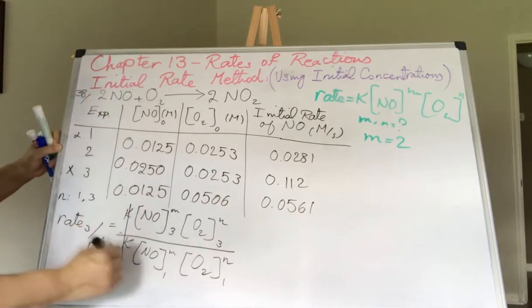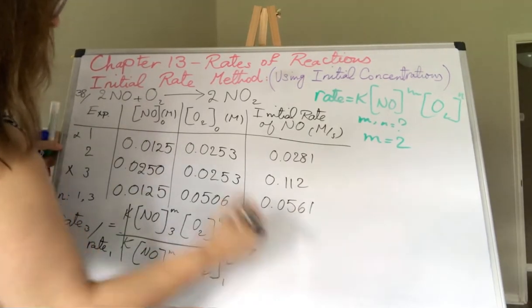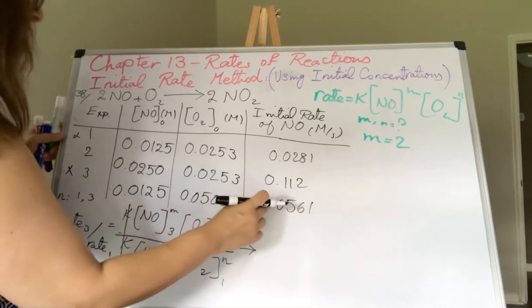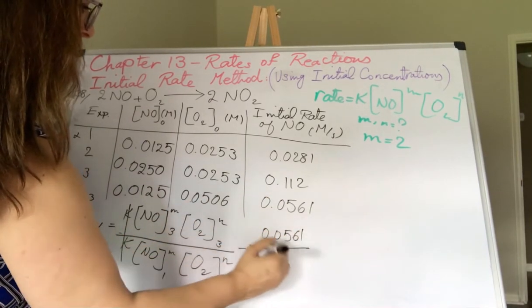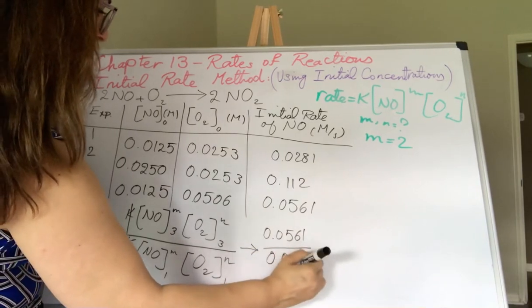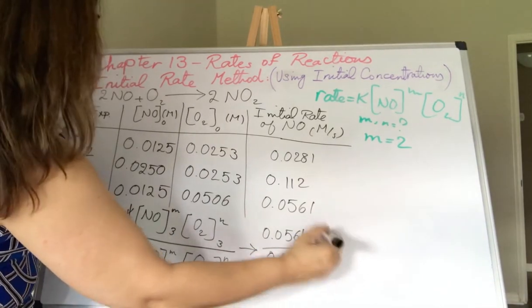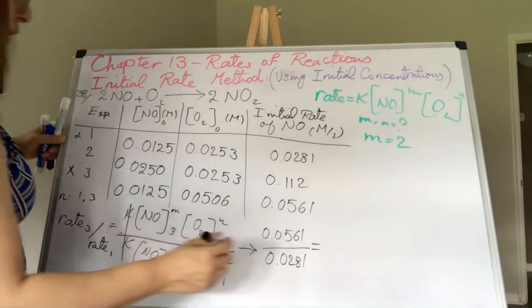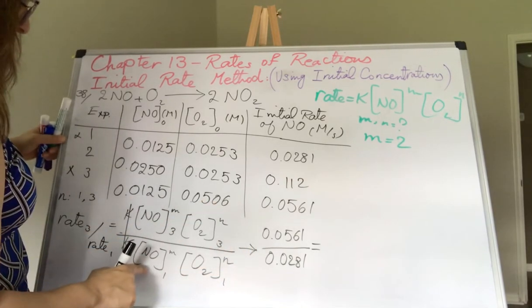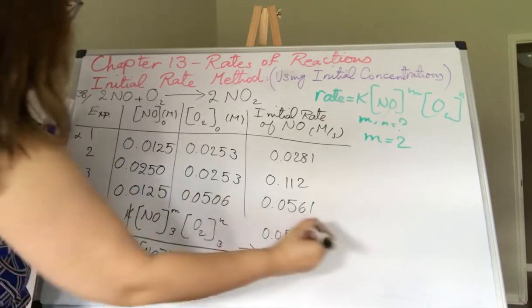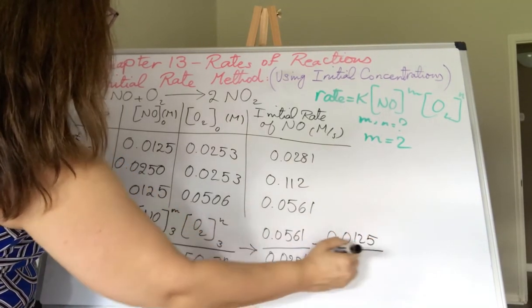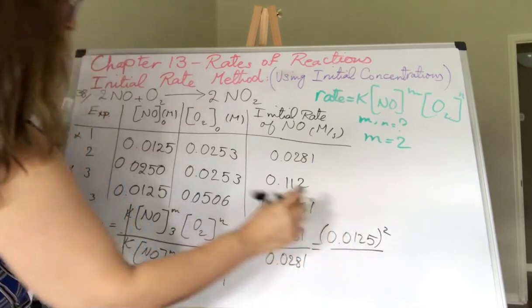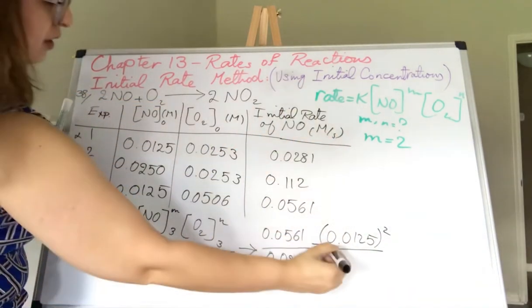So let's plug in the rate of experiment 3. 0.0561 over 0.0281 is equal to NO for experiment 3, 0.0125 to the second, because we found M as 2, right?